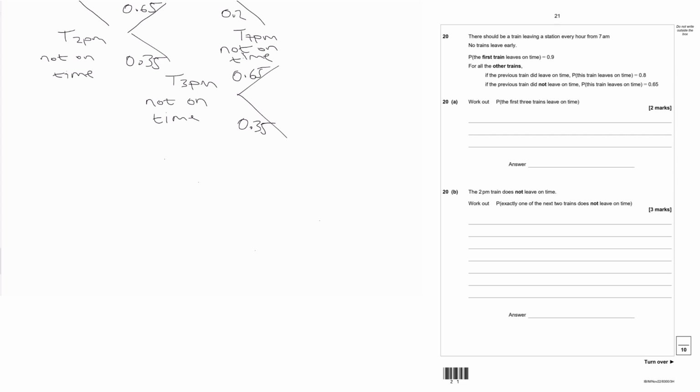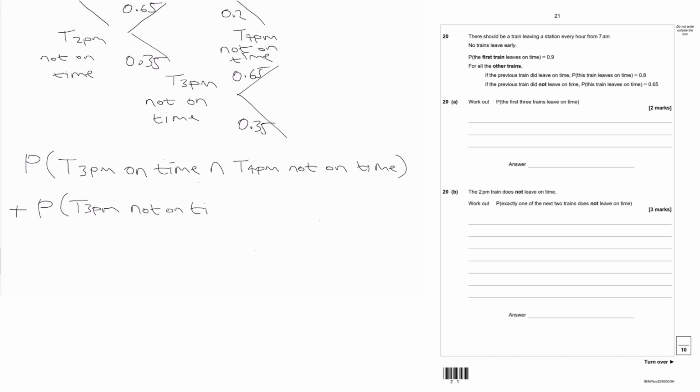So the probability that exactly one of the next two trains does not leave on time is the probability that the train at 3 p.m. is on time and the train at 4 p.m. isn't, plus the probability that the train at 3 p.m. is not on time and the train at 4 p.m. is on time.